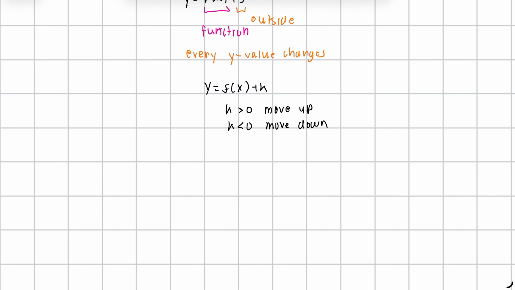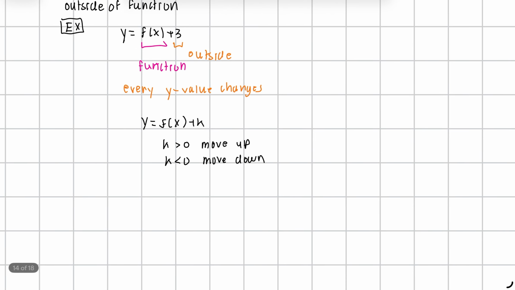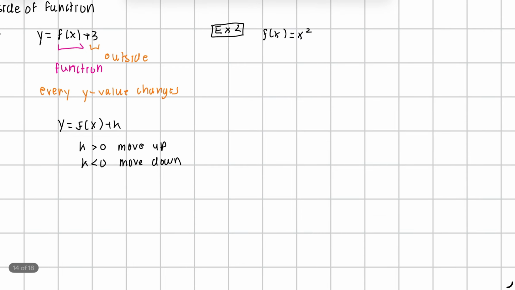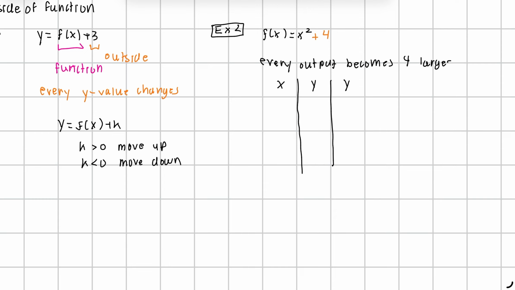So let's take another example. For this example, we have f of x equals x squared plus 4. So what happens is that every output becomes 4 larger. Let's say we have this table of x. This is going to be y, and this is going to be our new y.